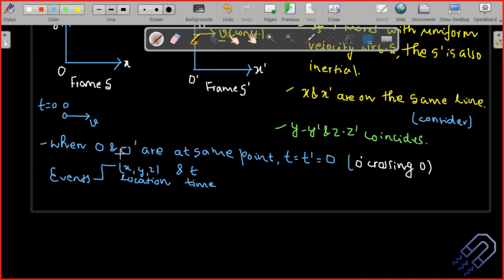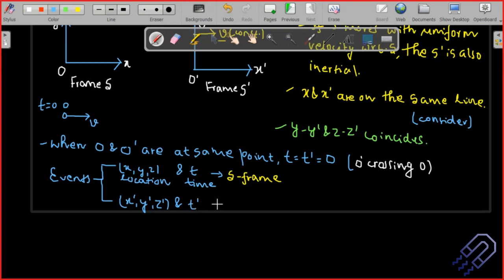And then there is another event that is happening in the other frame of reference. So the first event is happening in the S frame. If you do any kind of measurement in the S frame, it's x, y, z and t. And the other event has the location coordinates x dash, y dash and z dash, and time would be t dash.